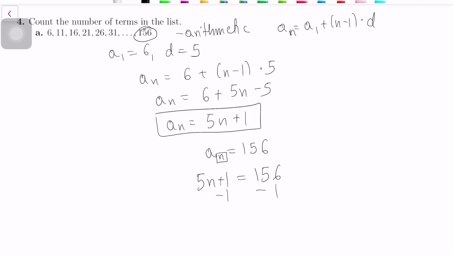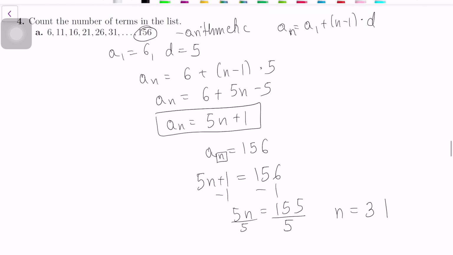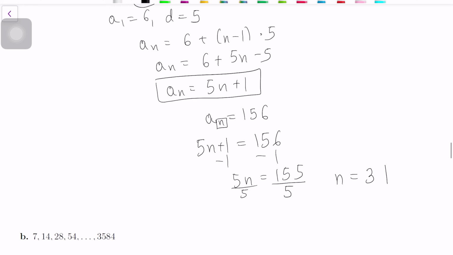So subtract 1 from both sides and then divide by 5. So n will be 31, right? So that means that 156 is the 31st term in the list or in the sequence, right?